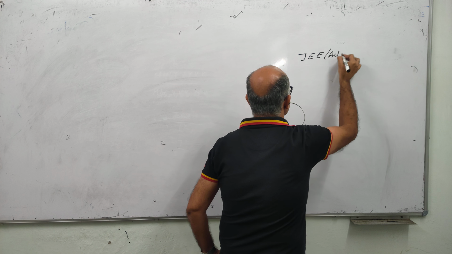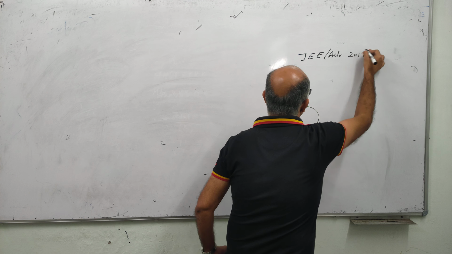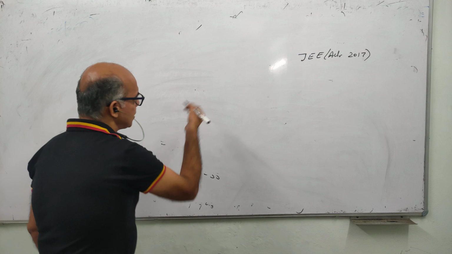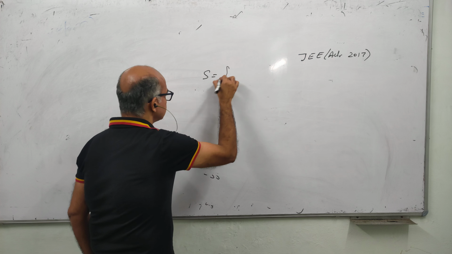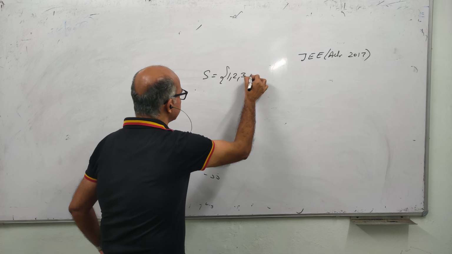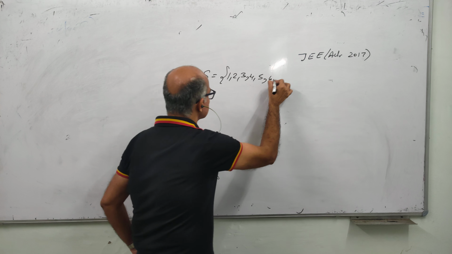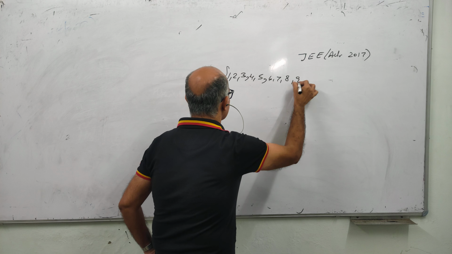This is JEE Advanced 2017. The question is, there is a set S. The elements are 1, 2, 3, 4, 5, 6, 7, 8, 9.